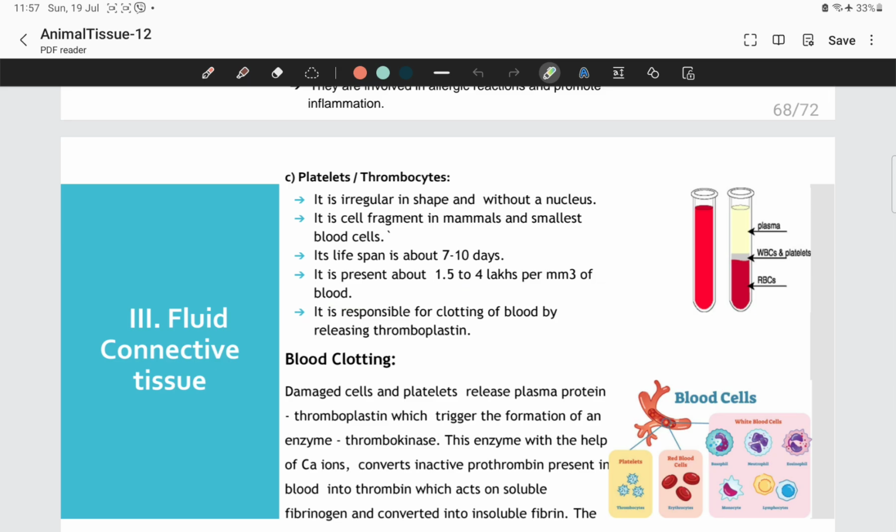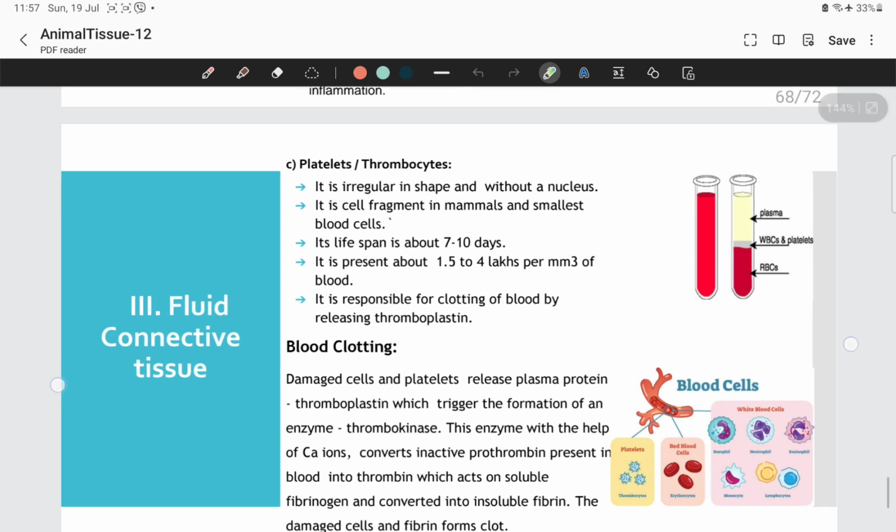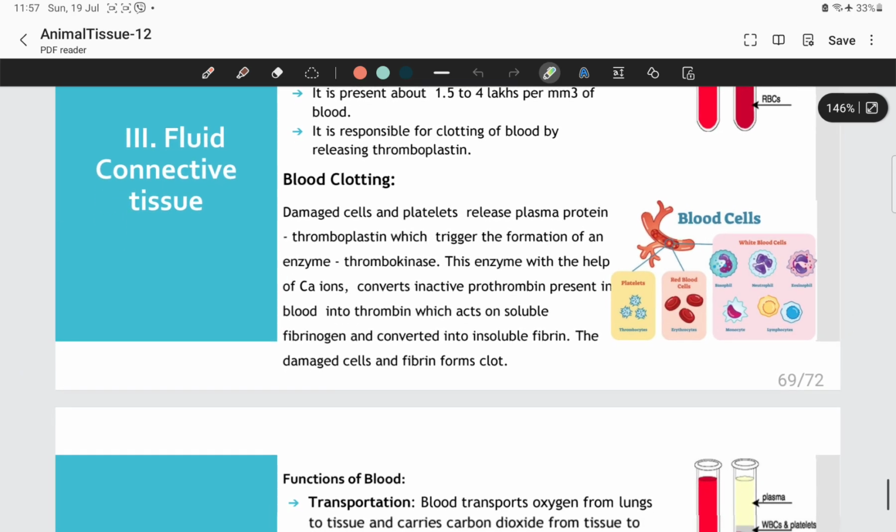The main function of platelet is to clot the blood by releasing the chemical known as thromboplastin in the blood. So let's discuss how the blood clot takes place. When there is cell damage, the platelets and the damaged cells release the plasma protein known as thromboplastin.